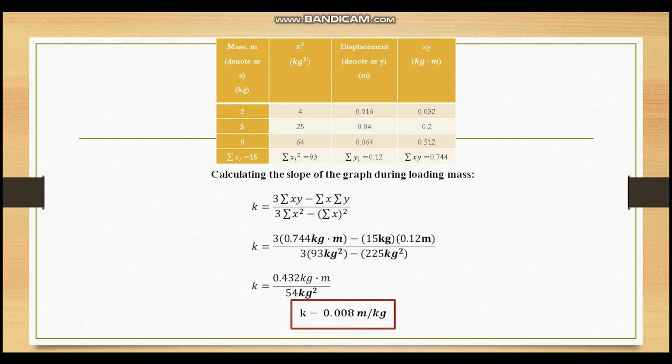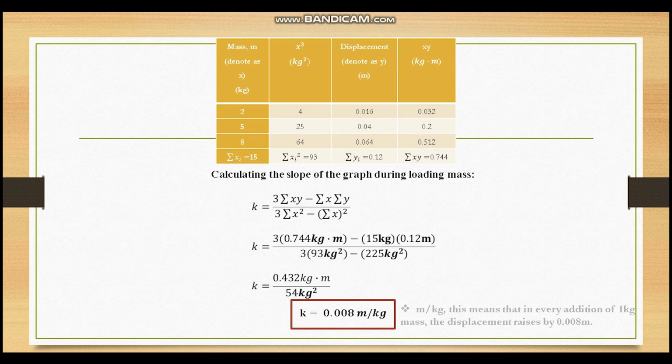So in calculating the slope of the graph during loading of mass, we use the method of least squares, where slope is equal to 3 times the summation of x and y, minus the product of the summation of x and the summation of y, all over 3 times the summation of x squared minus the square of the summation of x.